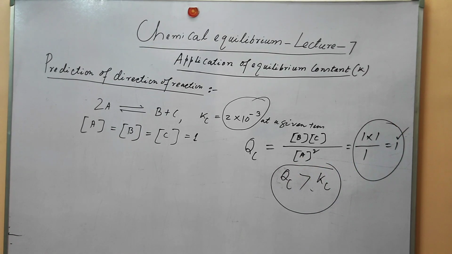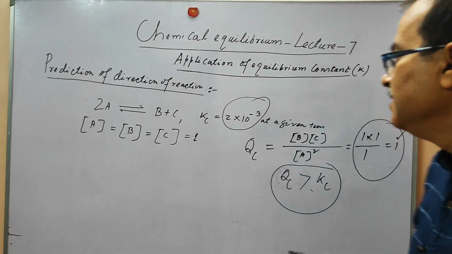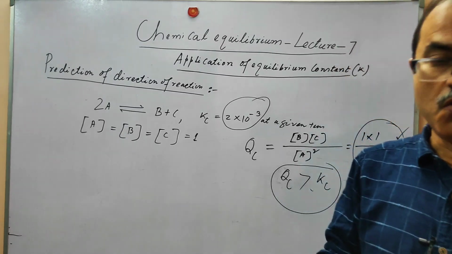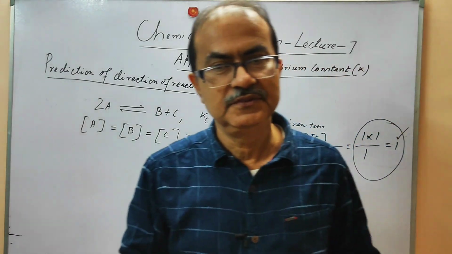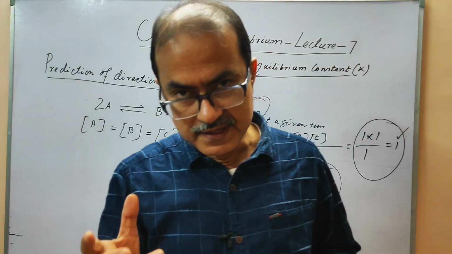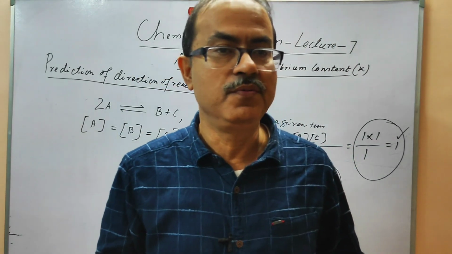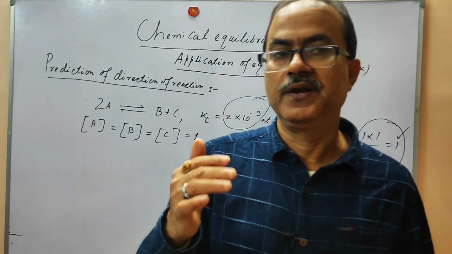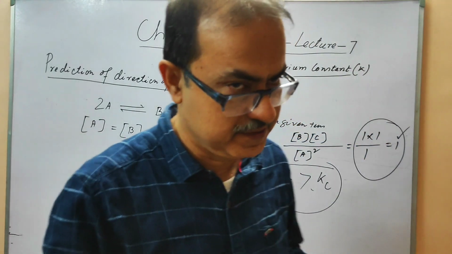When the reaction quotient is greater than Kc, the reaction will go in the reverse direction. So you can understand easily that first you have to calculate the reaction quotient, then compare it with the equilibrium constant. From this comparison, you can understand whether the reaction is proceeding in the forward direction or the reverse direction.